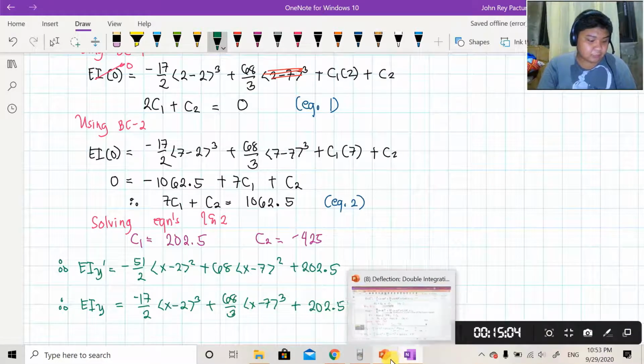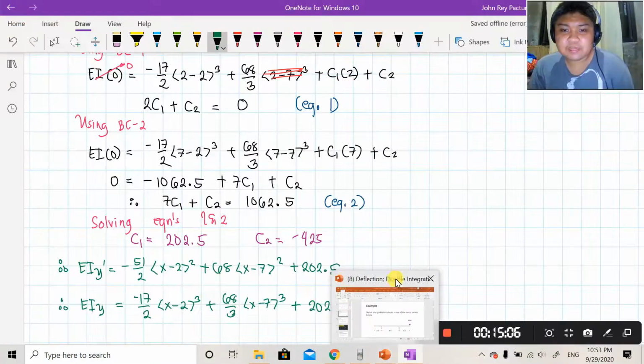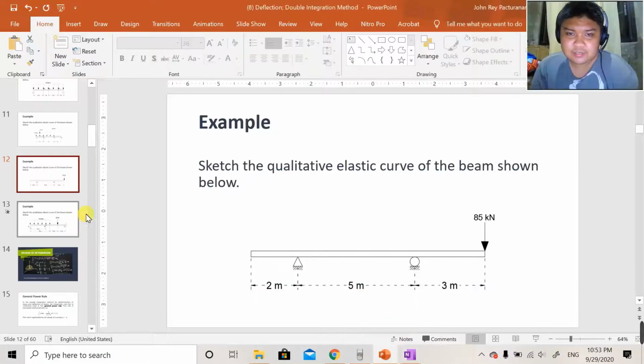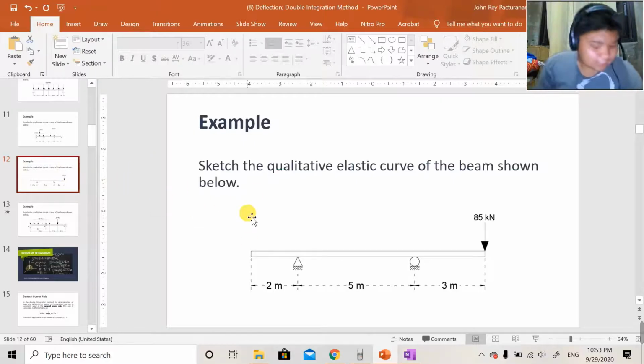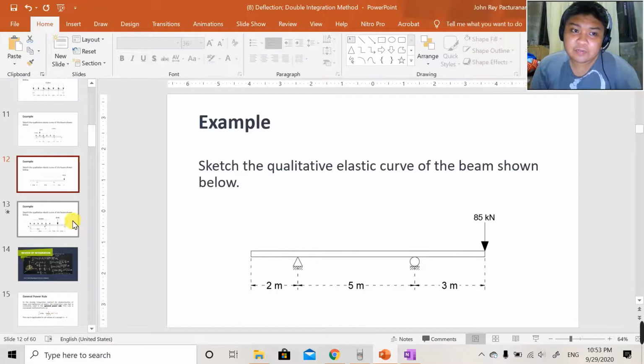After nito, ang goal lang naman natin class is mahanap yung maximum deflection. Kaya lang I want you to remember this example class kasi dito maraming nagkakamali kapag overhanging beam.